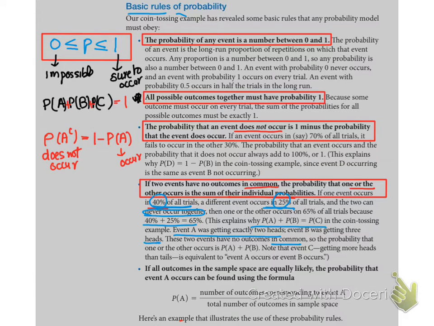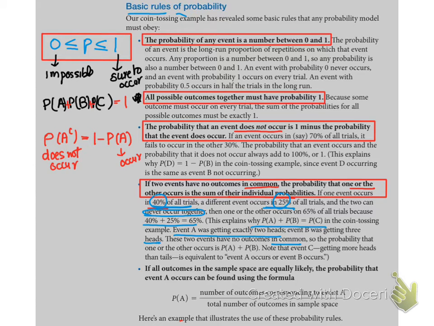If you're tossing 2 coins here, or here 3 heads, you don't get both events A and B together, so they're kind of mutually disjoint. So you can add their probability if they have nothing in common.